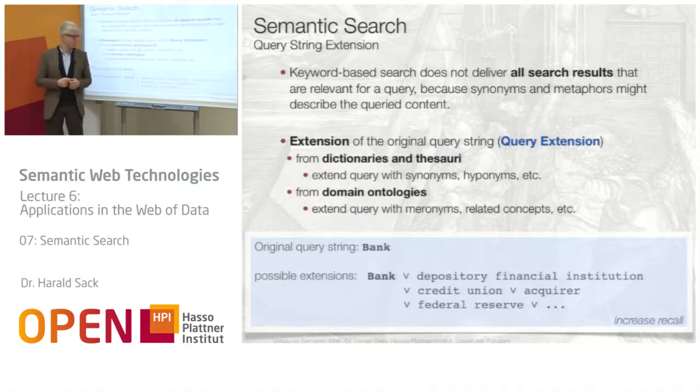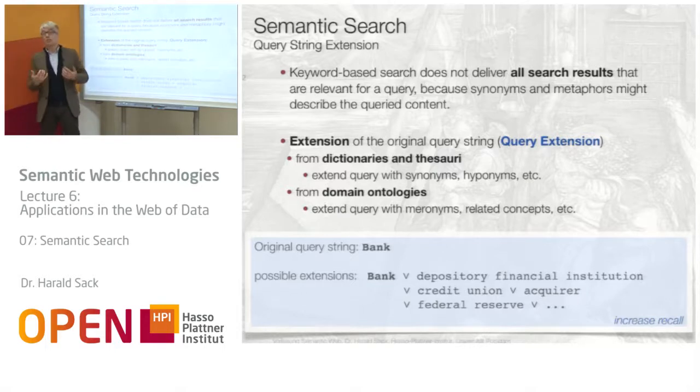So for example, when I look for bank, then I'm not quite sure that I really find all possible depository financial institutions that I'm referring to with the word bank. So I might also look, for example, for credit union. I might look for Federal Reserve and stuff like that. So I can simply look it up in the dictionary or in the ontologies.